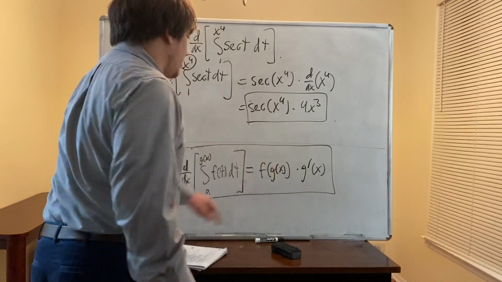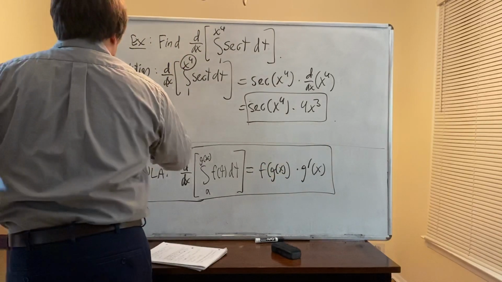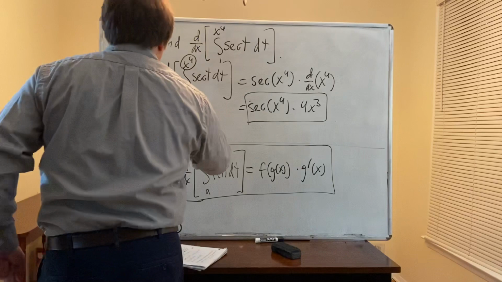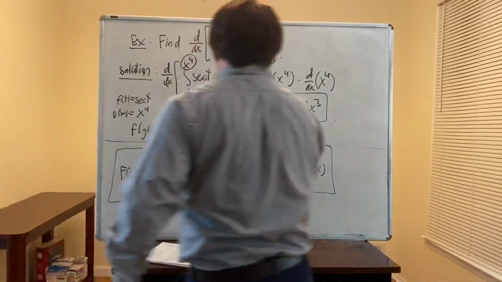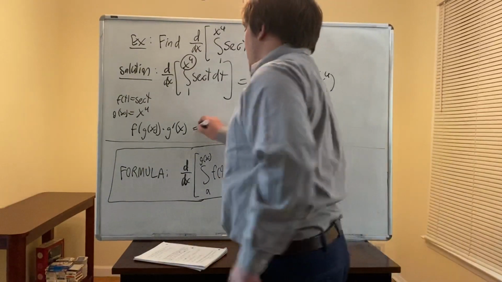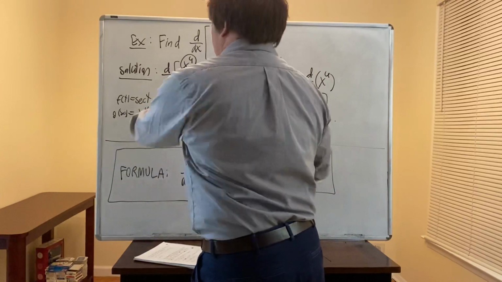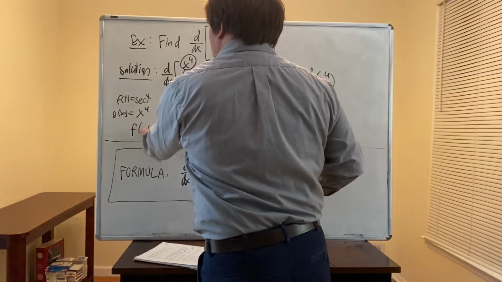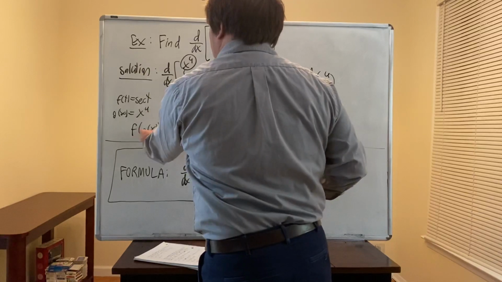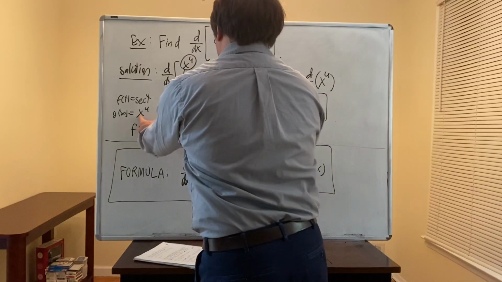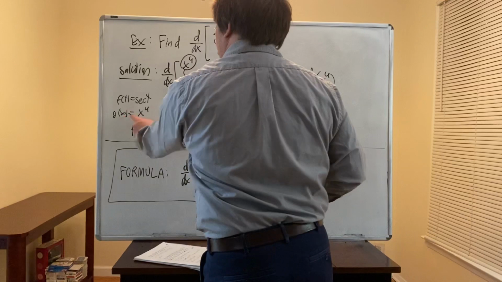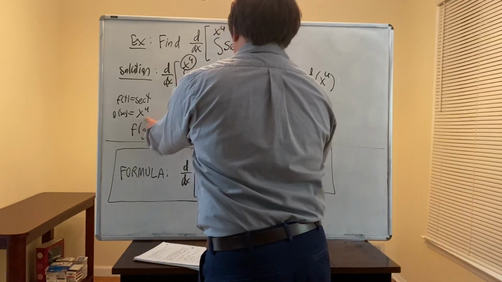If you get this answer by just plugging into the formula, f of g of x would be secant of, and for t you plug in g of x, so you get secant of x to the fourth times the derivative of g, which is 4x cubed.